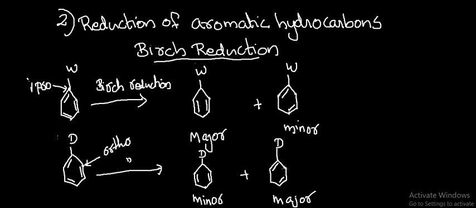Here reduction takes place at the ortho position. This will be the major product in the case of electron donating substituents. Whereas in the case of electron withdrawing substituents, reduction takes place at the ipso position, and this will be the major product.